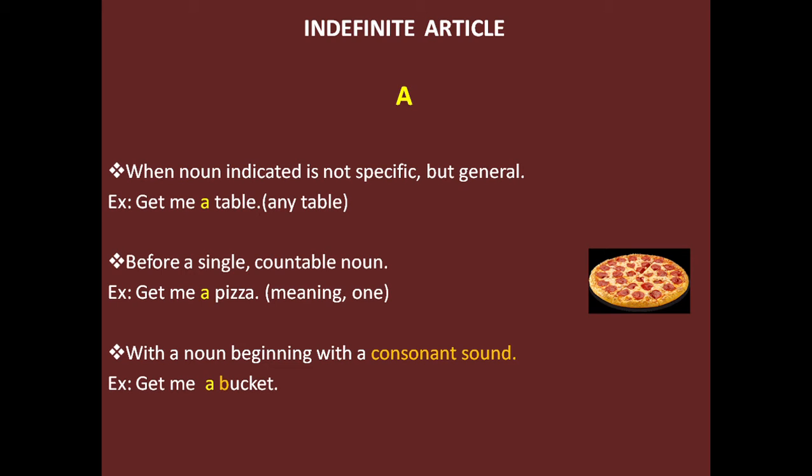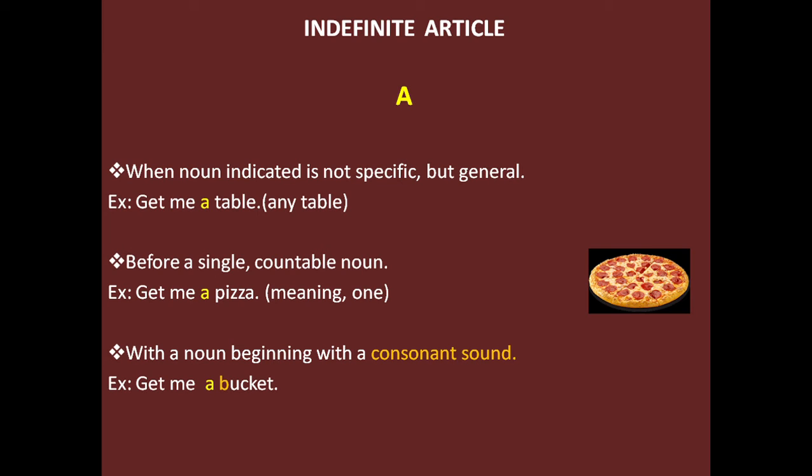Now I can say get me a chocolate bar, or I can say get me a pizza. So when the nouns are countable and you are talking about specifically one quantity, it is when you use a.